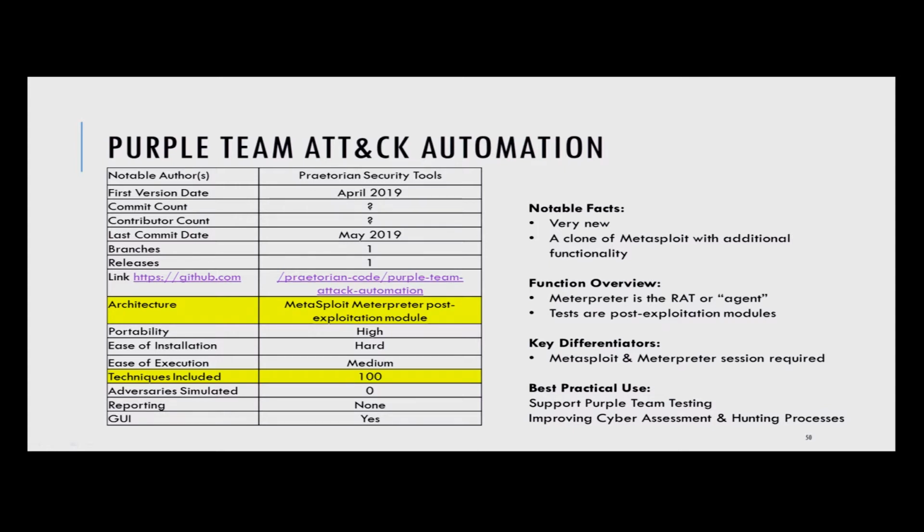I feel like it's easy for a penetration tester to help with that, improving the cyber assessment and threat hunting processes. It does have 100 tests that come with it out of the box, but it doesn't really do adversary simulation. But I still think it's pretty cool because it utilizes Metasploit and Meterpreter.